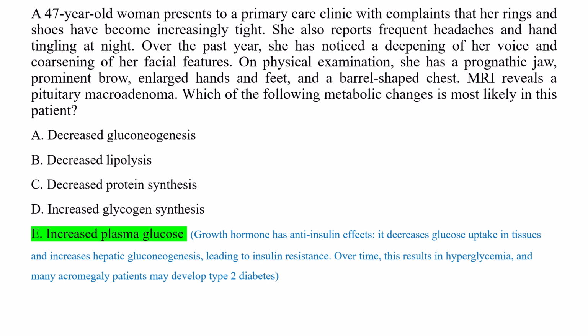It reduces glucose uptake in muscle and adipose tissues, and it stimulates gluconeogenesis in the liver. It leads to insulin resistance, so over time this causes hyperglycemia, and many patients with acromegaly even develop type 2 diabetes. That's why this is the correct answer.